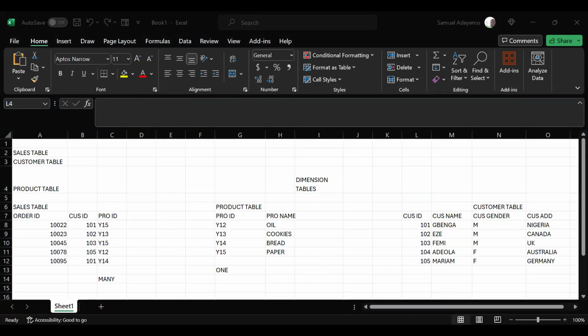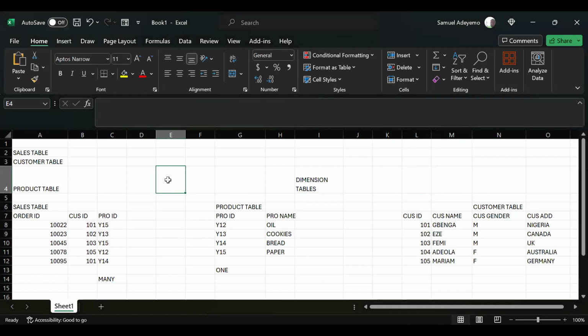So now we've talked about two types of cardinality. Anytime you hear one cardinality, it means that there's a unique list, there are unique values. But when you hear the words many cardinality, it means there's a duplication of the values that you have there.